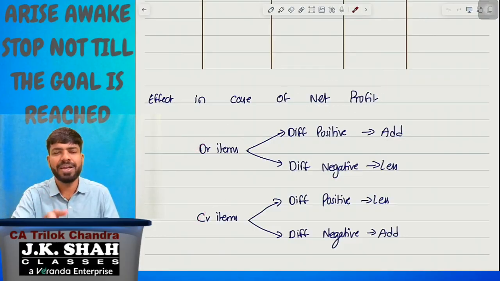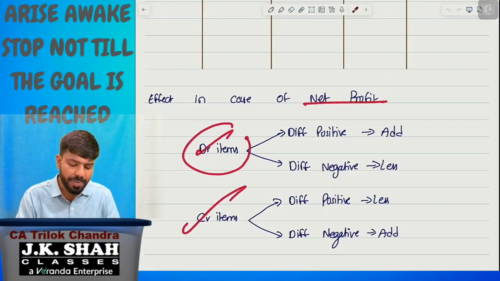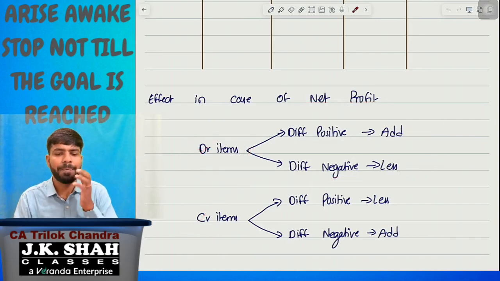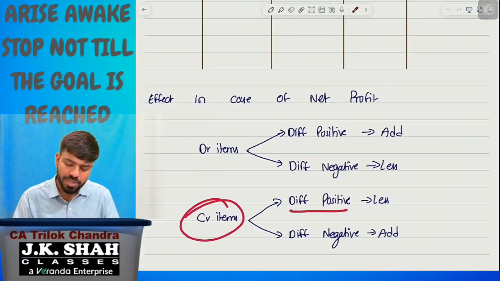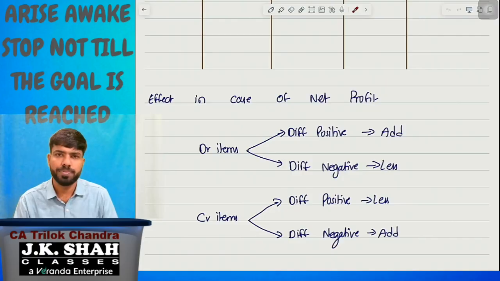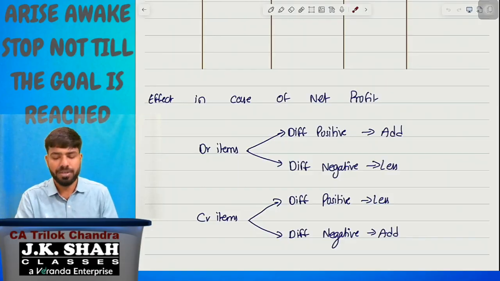There are two categories, debit items and credit items, which can create the difference. If it is a debit item, positive add, negative less. If it is a credit item, positive less, negative add. As simple as that. All of you clear about this?